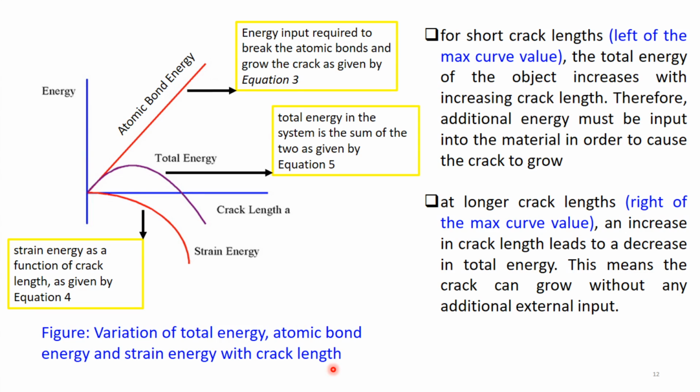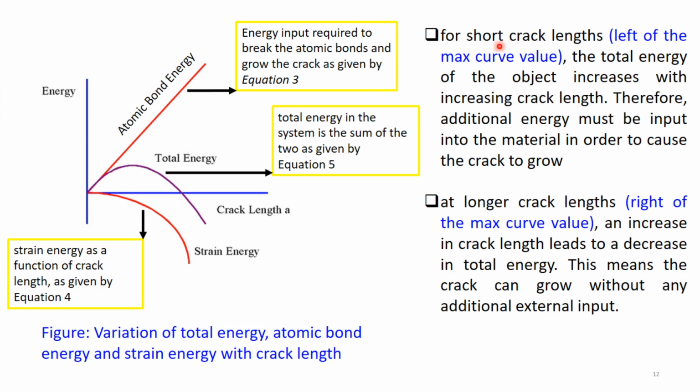So what are the useful results from this graph? Let us study those results. For short crack lengths, left of the maximum curve value, so if we divide the total energy curve into halves, in the left portion, left of the maximum value of the curve, the total energy of the object increases with increasing crack length.